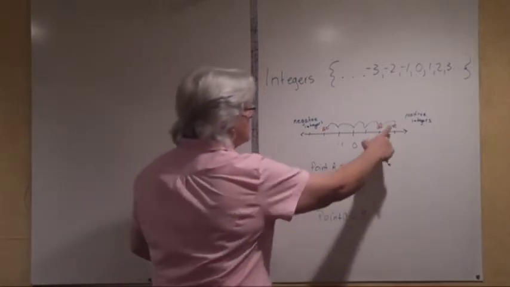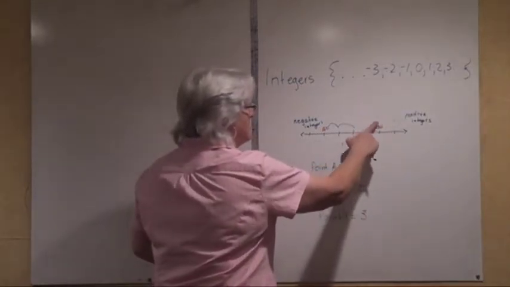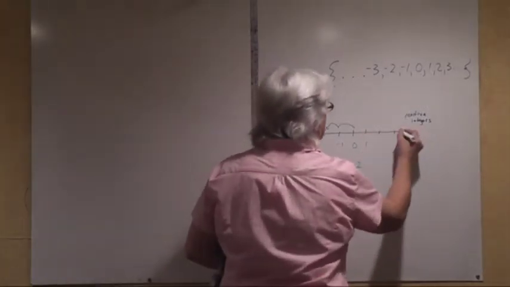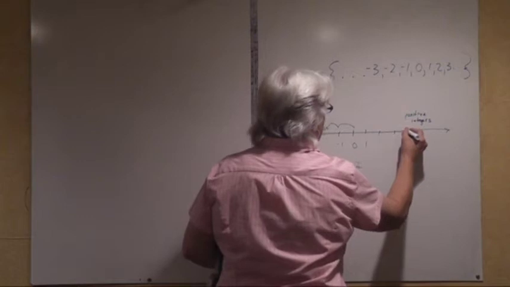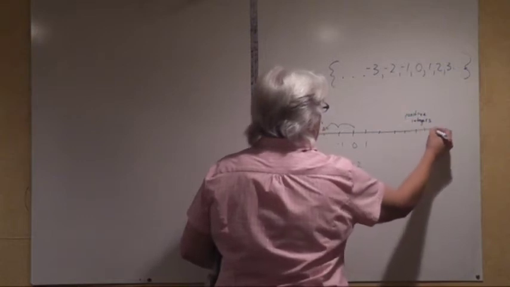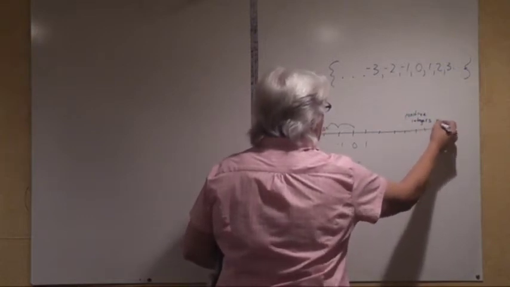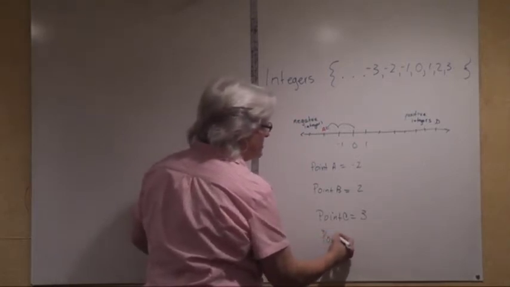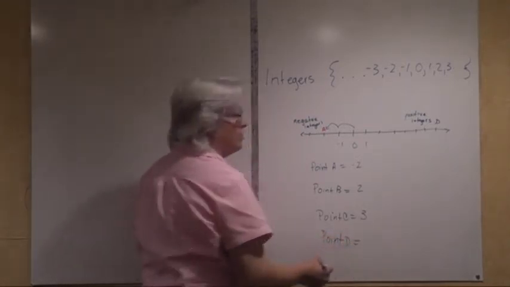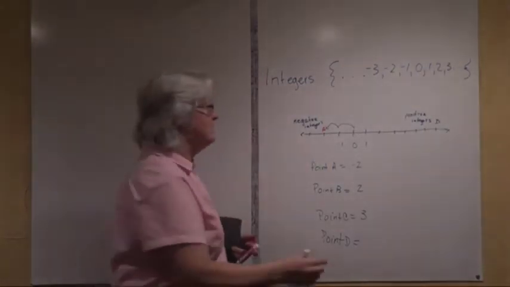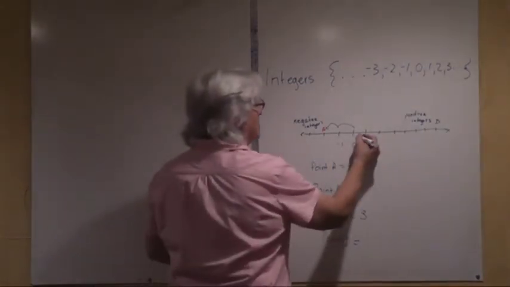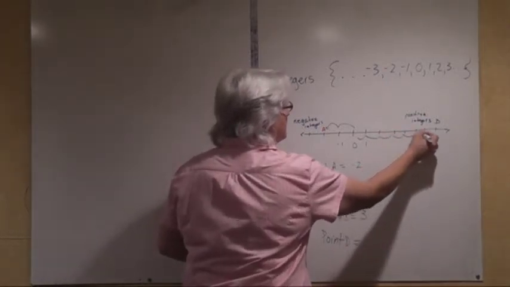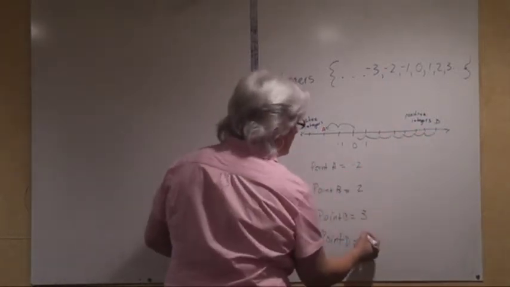If your point is located some number of units to the right of 0 on the number line, that point is always going to be positive. So how many units to the right of 0 is D on the number line? 1, 2, 3, 4, 5, 6, 7.